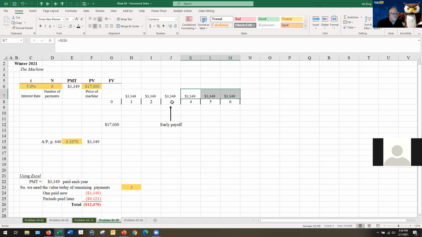You're going to pay them off in year 3, because it says that at the end of year 2 you can pay it off early. So at year 3, you have the current period amount owed, which is 3,349 at year 3.